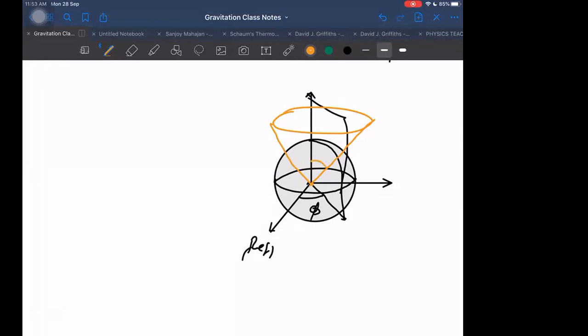We choose two lines, one as the reference line and another as the pole. The pole is at 90 degrees to the reference line. From the pole we take a cone at an angle theta, the semi-vertex angle theta of the cone. And from the reference line we take a plane which rotates about the pole, at an angle phi. And from the center of these two, the pole and reference line, we draw a sphere of radius r.